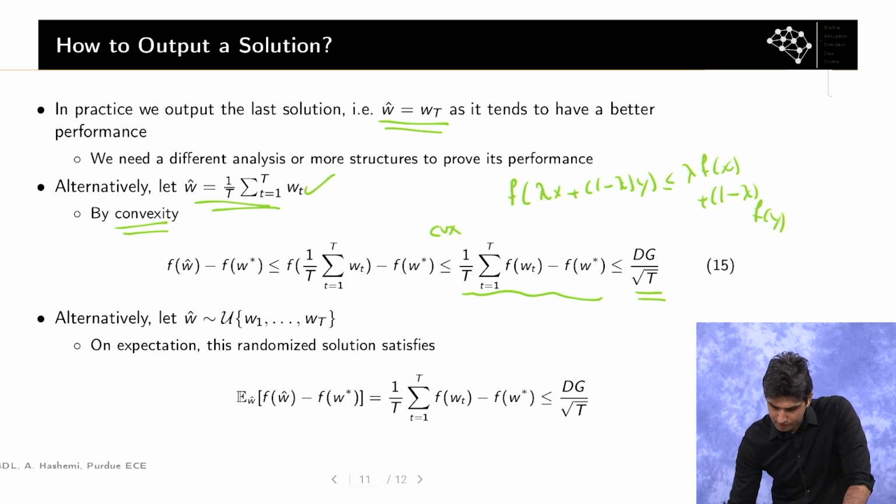Essentially, we are saying that the value of the function at the midpoint is lower than the average of the function values. All right.